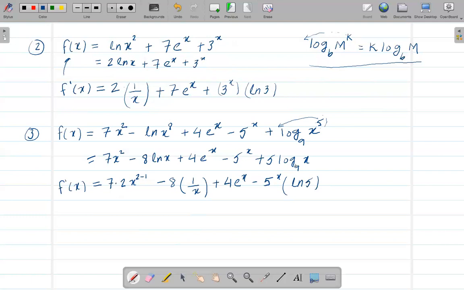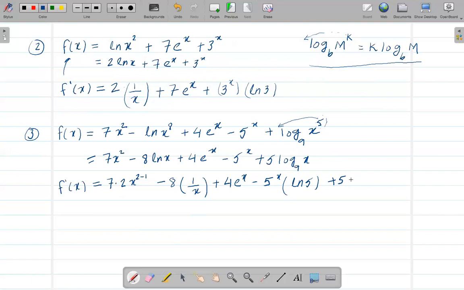Plus, there is this 5 attached with this whole thing, so we just have to take the derivative of log base 9 of x. 5 will still stay there. 5 times the derivative of log base 9 of x.